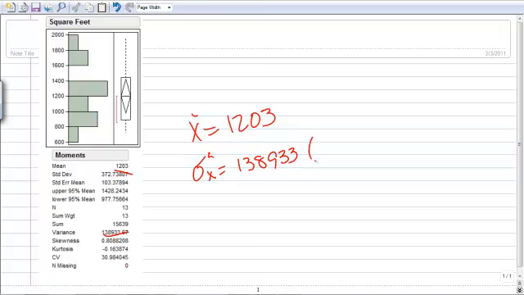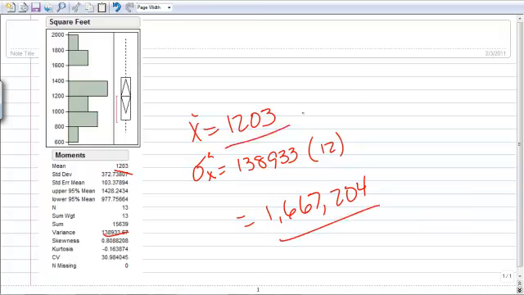And if we multiply that by n minus 1, we get the total variability, SSXX, and that is going to be 1,667,204. So we need to pull these two values out of our distribution.